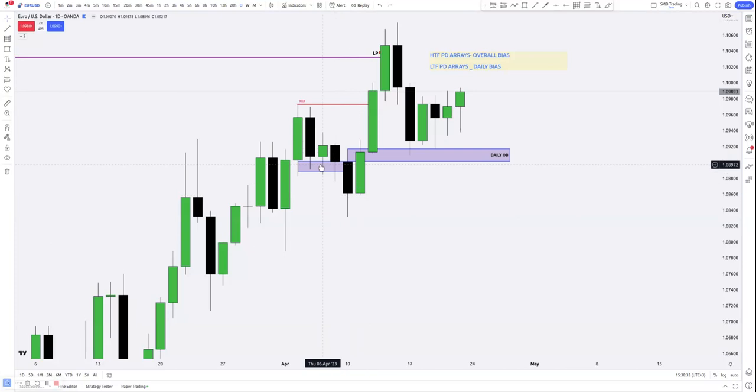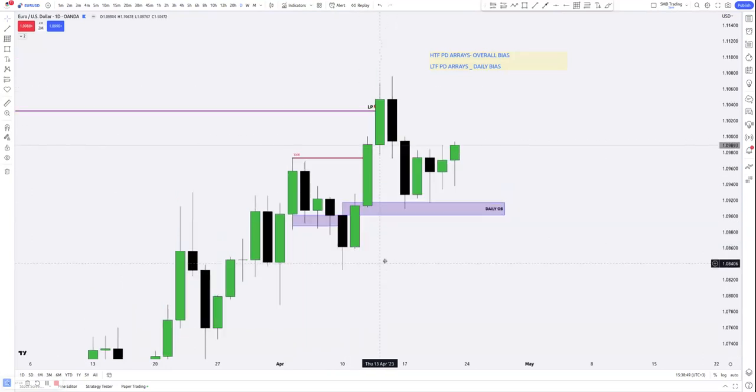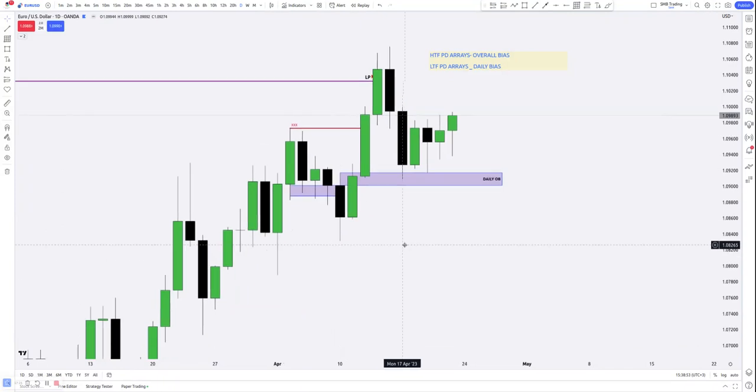If price had not taken any liquidity in here, or if price had not broken any support level here, this wouldn't be a bullish order block for me, even if we would be in a bullish structure. So I could utilize the bullish structure, but I wouldn't call these two candles a bullish order block.